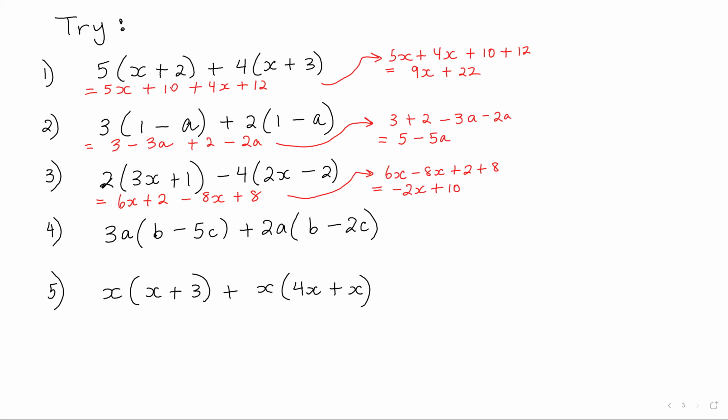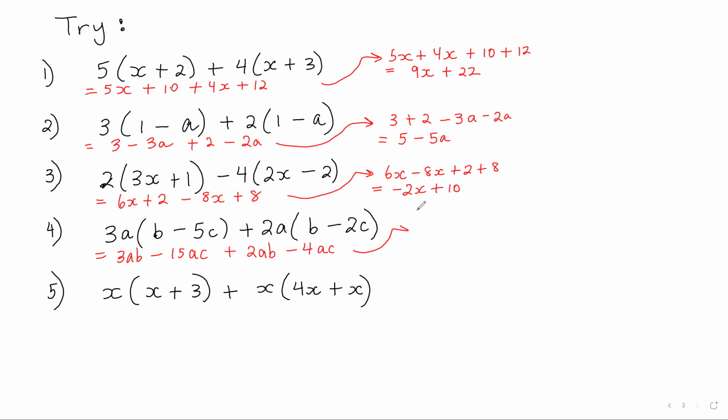Number 4, I have 3a times b, which is 3ab. 3a times minus 5c will be minus 15ac. 2a times b is 2ab, and 2a times minus 2c will be minus 4ac.